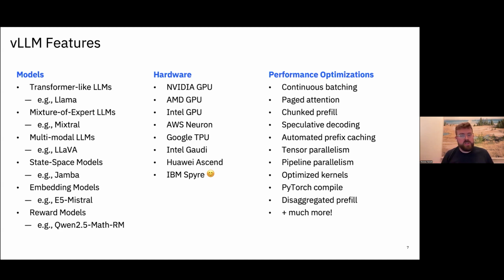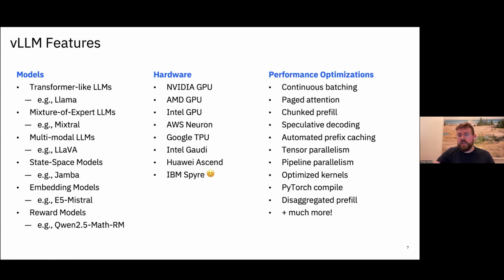This is really important for getting maximal throughput from your expensive GPUs. And something called paged attention. Paged attention was a really innovative idea at the time, and it relates to how we effectively manage this KV cache in limited memory accelerators like GPUs.